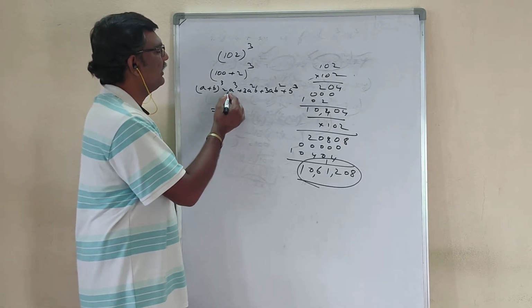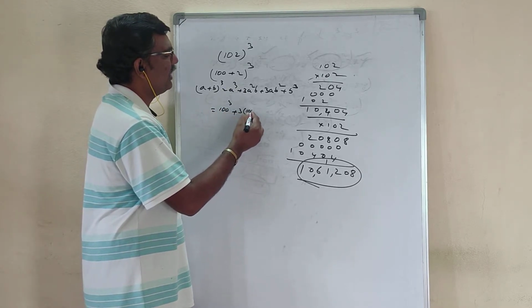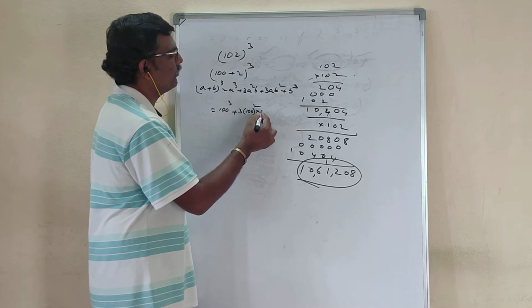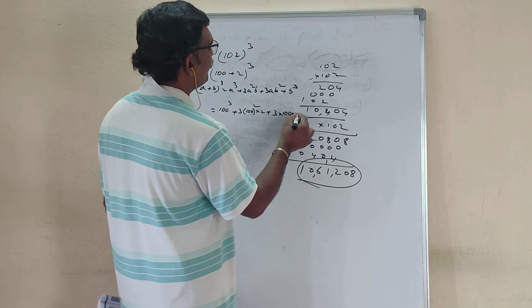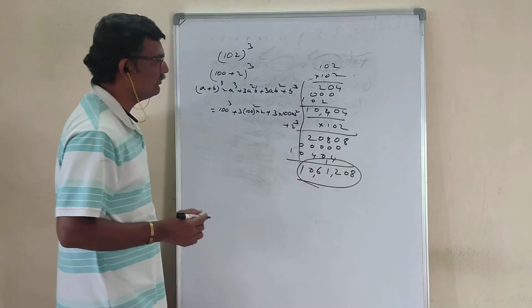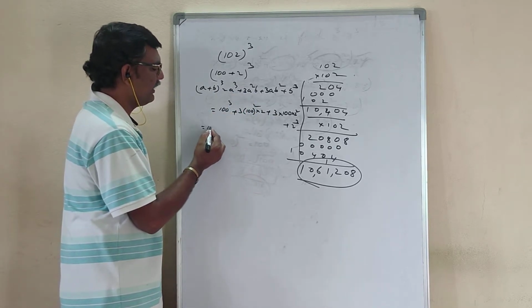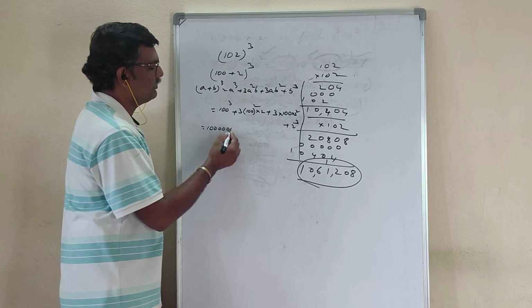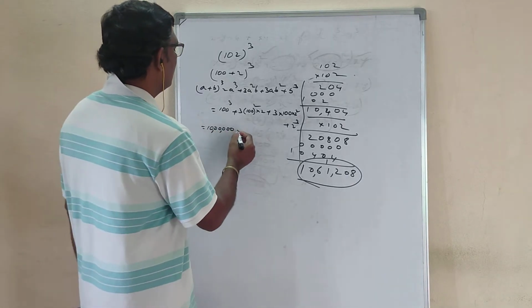So I am writing here a cube means 100 cube, plus 3 into 100 square into 2, plus 3 into 100 into 2 square, plus 2 cube. These entire things are written here. 100 cube means 100, 2 zeros, 2 zeros, it is 10 lakhs.